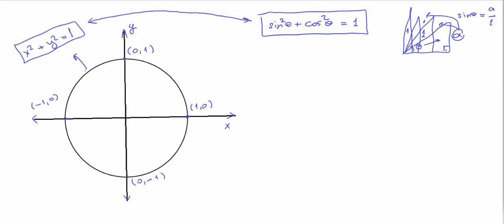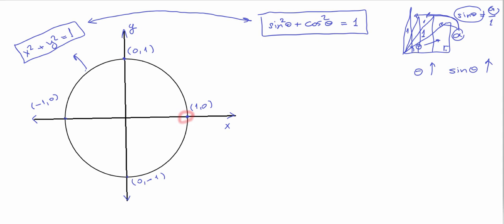The bigger theta value I have, the bigger a value I have. The bigger a value I have means sine is getting bigger. I can write it something like this: when theta goes up, sine goes up. Or better notation, sine theta goes up.